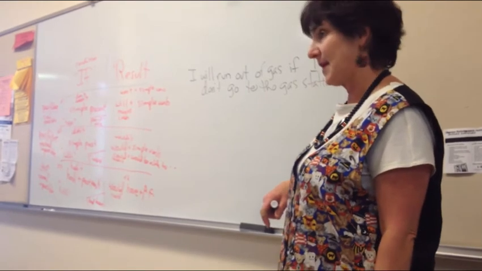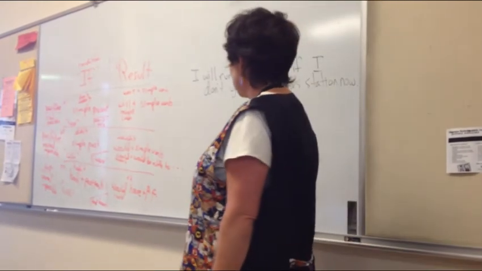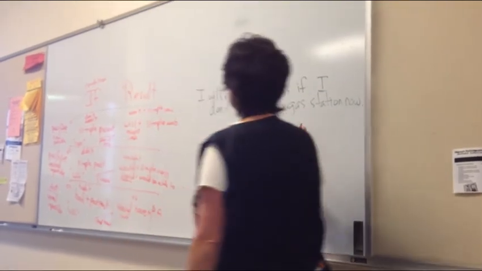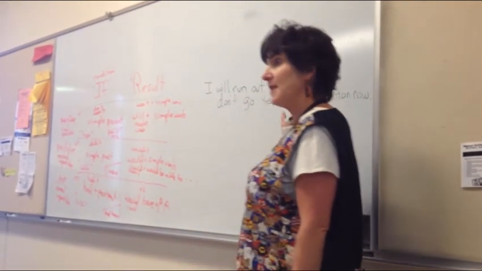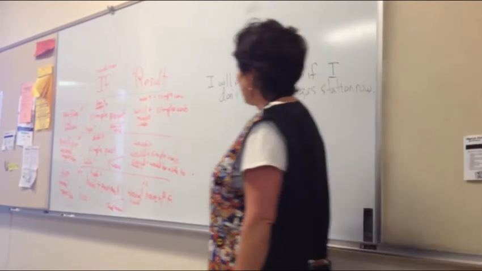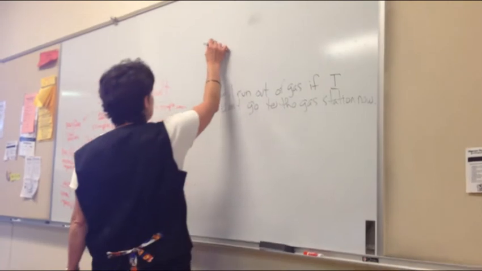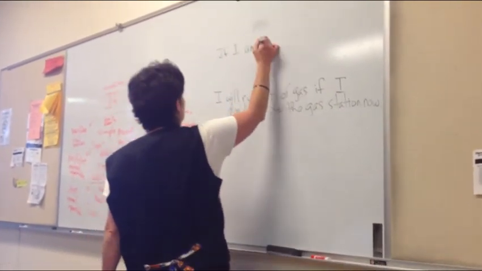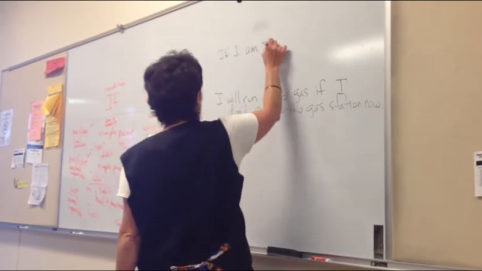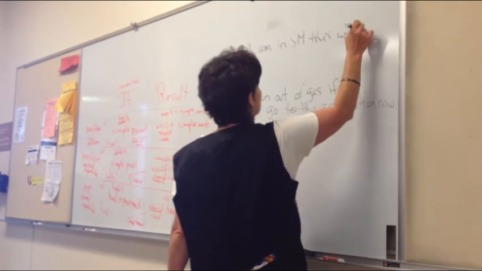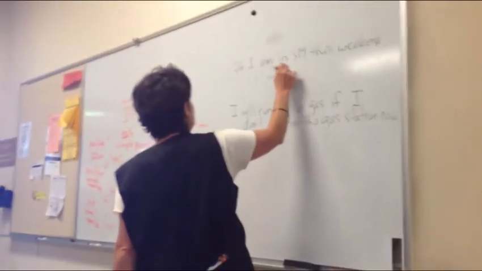Okay? That makes sense? We want to use a be verb. And this is reversed. So I have my result first, my condition last. No comma on this one. But if I put my condition first, if I am in Santa Maria this weekend, because I don't live here, I will visit you.